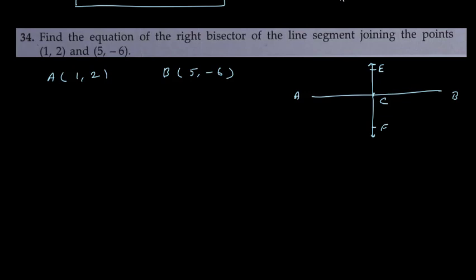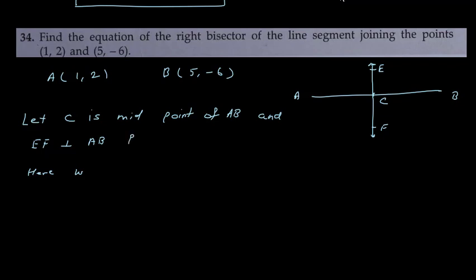Find the equation of right bisector. Okay, so here I will say let C is midpoint of AB and EF is perpendicular to AB. So here, passing through, EC instead of EF, let us say EC.